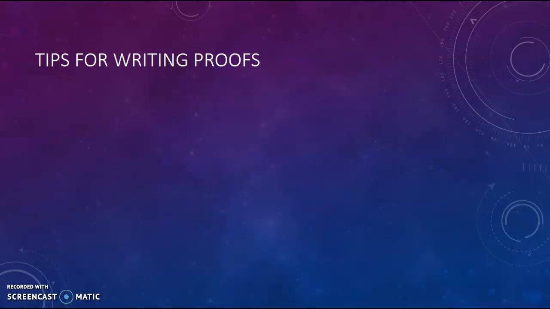All right, so tips for writing proofs. Like, Mrs. Cartwright, when I'm writing a proof, what am I looking for? So the best way when you're writing a proof, the statement part is the easy part. That's where you're like, well, I know I can do this next. So the part that gets students is determining the reason.